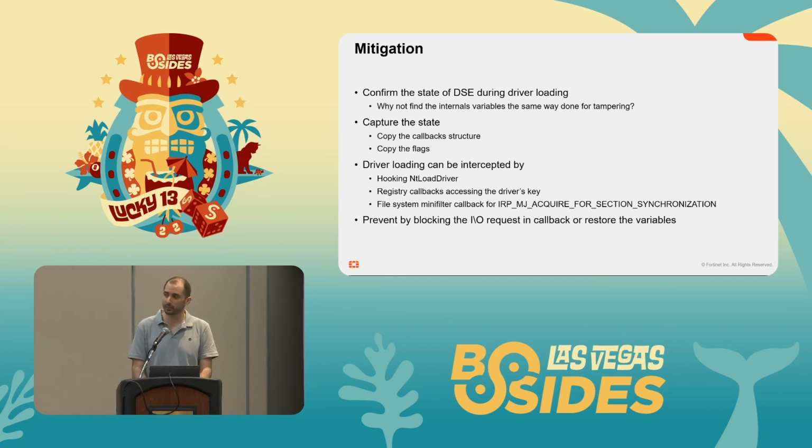Or, when the driver file is being loaded to memory via a section, or mapped into memory, it's even before it's being loaded. At those points, we can just find the variables again and compare them for any change. And if there was a change, prevention is pretty easy. We can block the IO request in the callbacks, or we can restore the values of the variables and let the system do its own work for us.